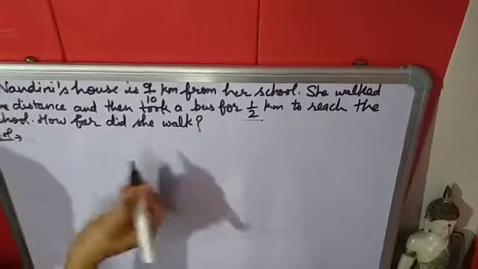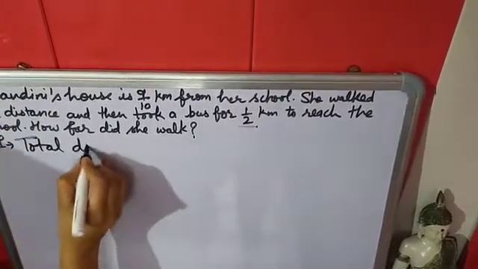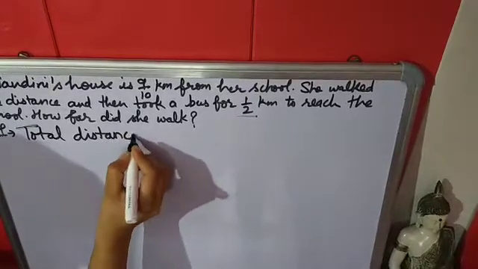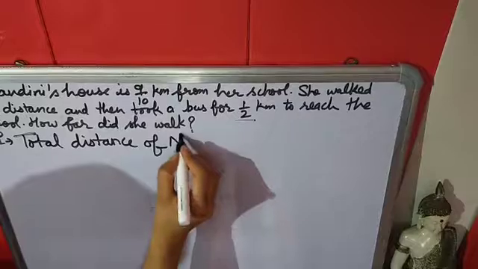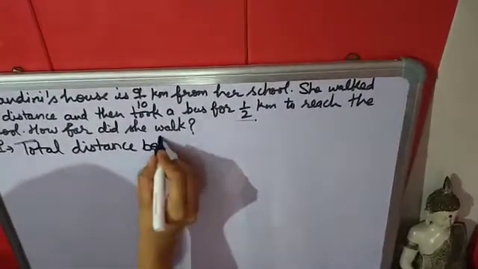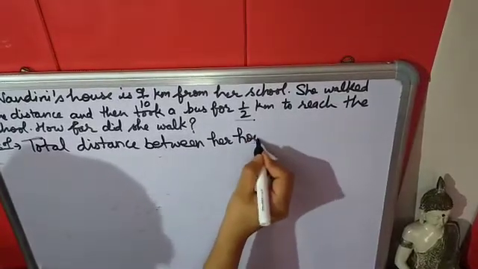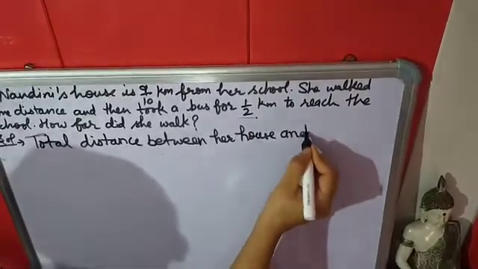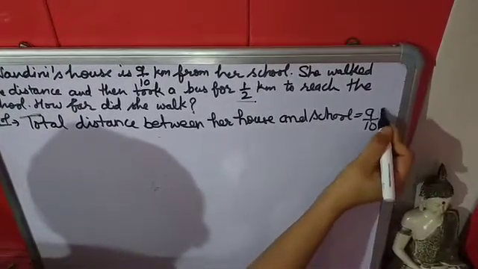So for this, first of all you will write the statement. You will write: total distance between her house and school is 9/10 kilometer.